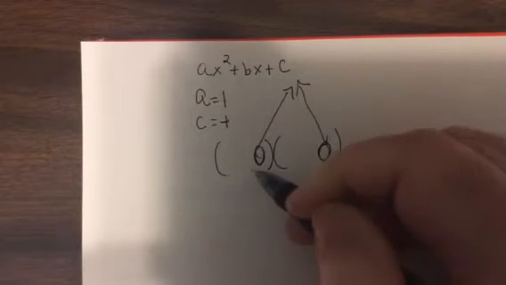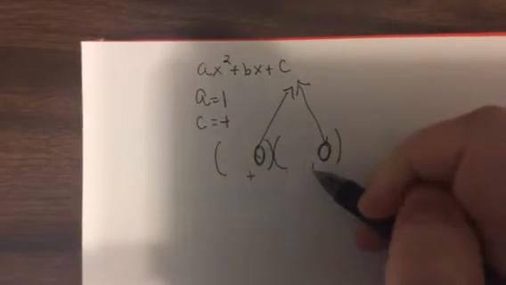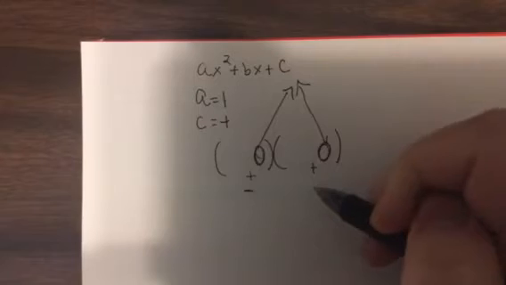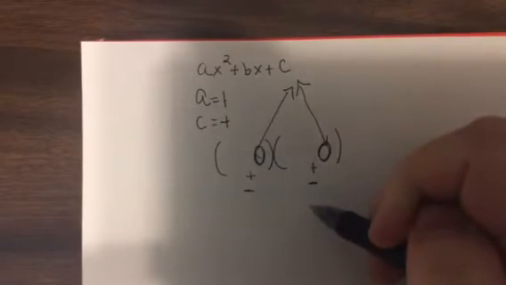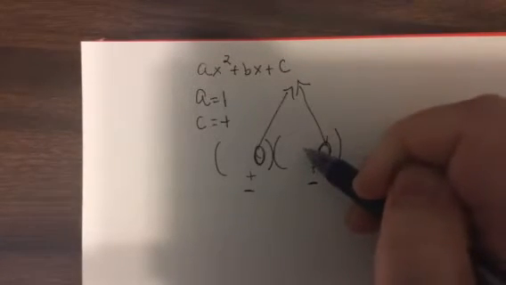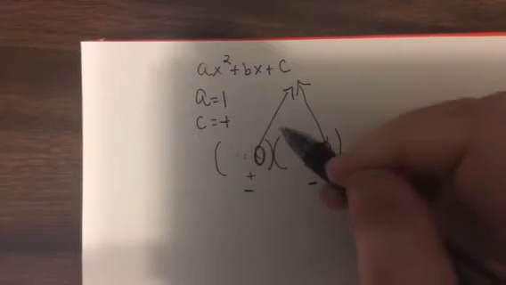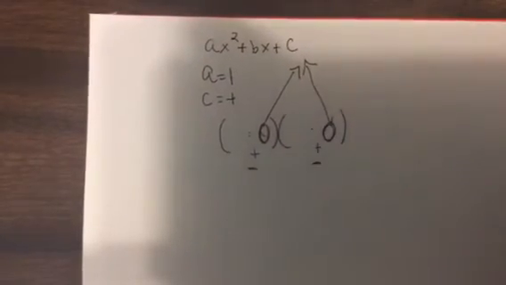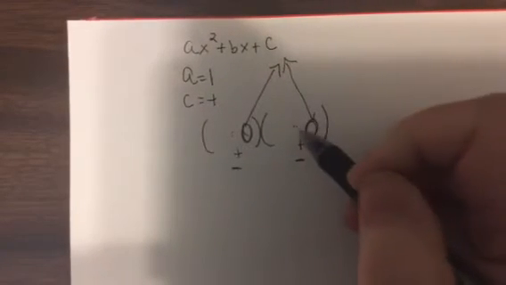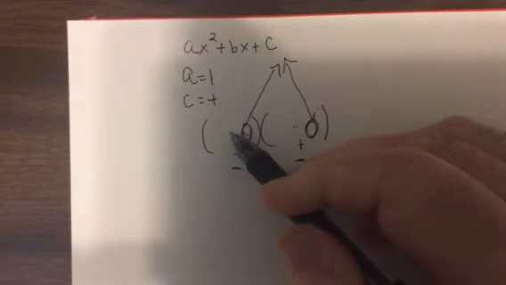Well, that's if they're both positive, or they're both negative. So this sign is going to be either plus plus, or minus minus right in the middle. And since the signs are the same, that means you're going to be adding.